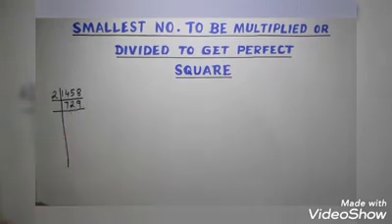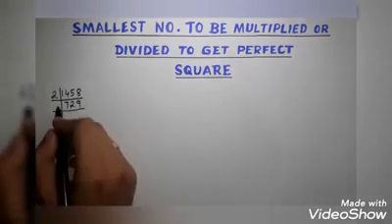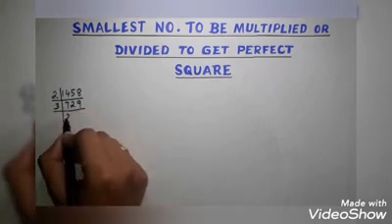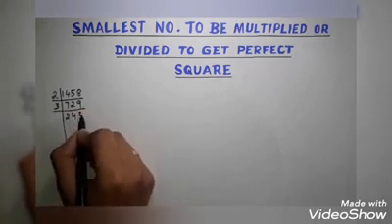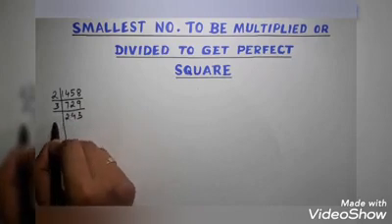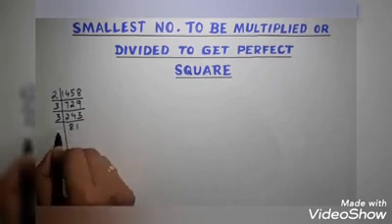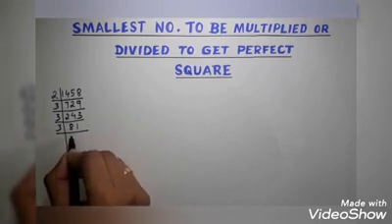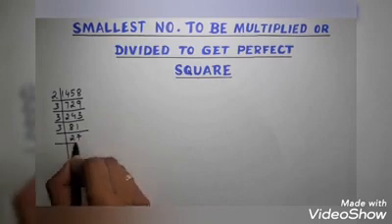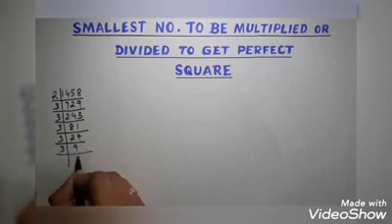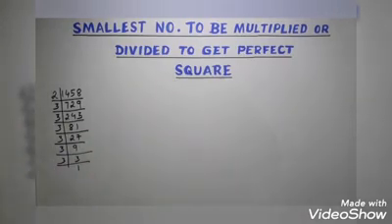Again, this is an odd number, so let me take 3. Now the entire process I have shown you in my previous video, how to do the prime factorization. You can go through that video.